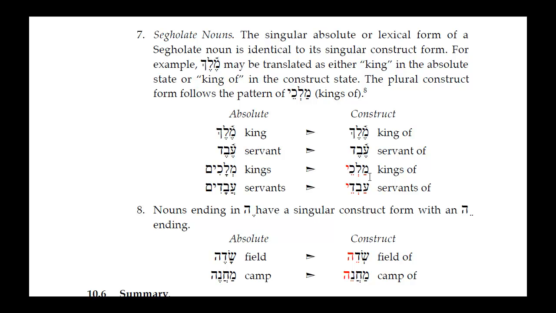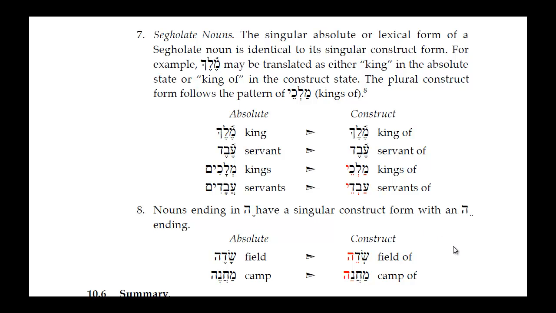Then you have a patach under your first consonant with a non-vocal shewa under your second consonant. This is always the case on the plural masculine construct segholate nouns. It's malkey or malachey. Avadim, same thing: the hiriq yod mem sofit drops off, the tsere yod takes its place, and you have a patach under the ayin and a non-vocal shewa under the vet.